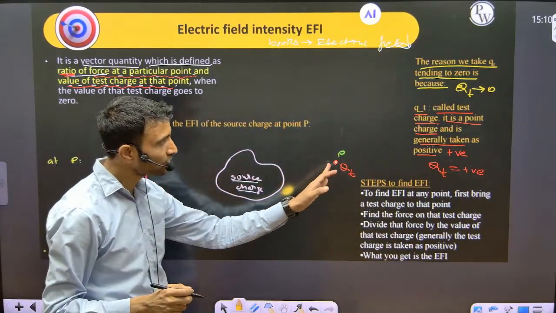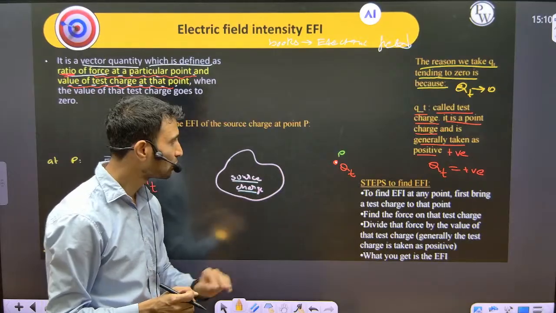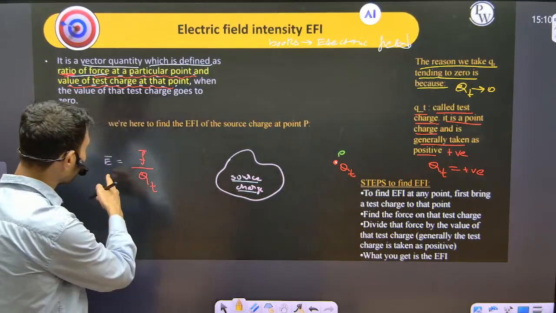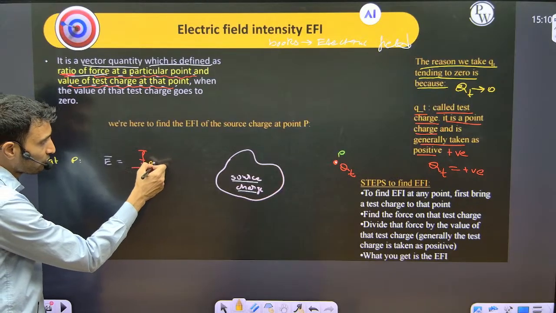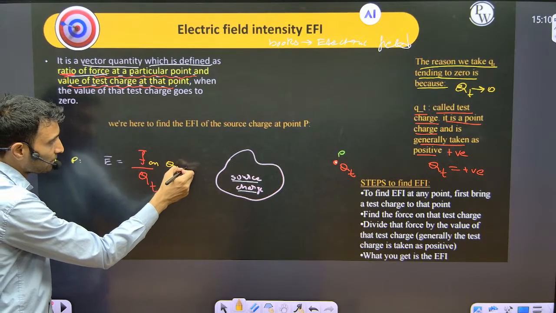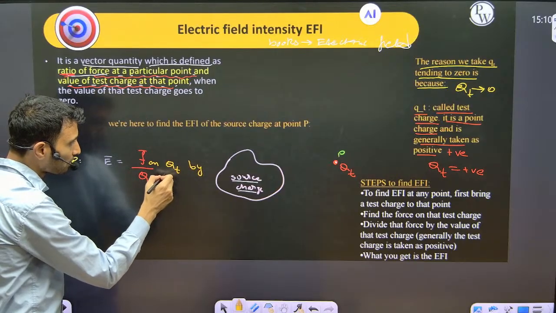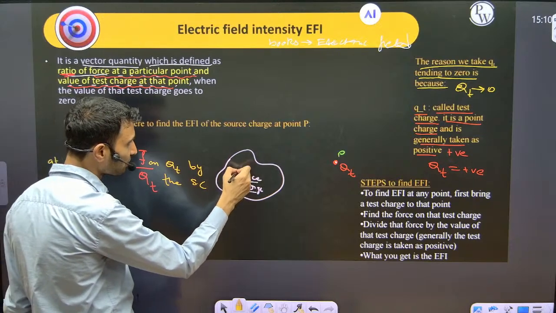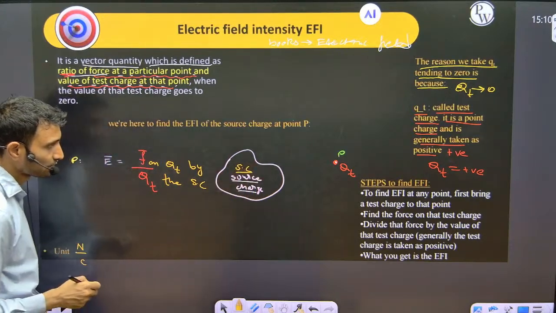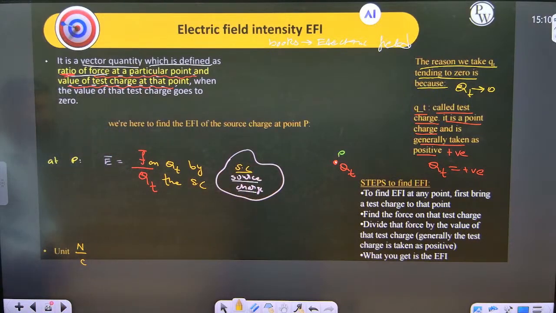See, why did we bring QT here in the first place? To measure electric field, right? Electric field is F divided by QT. What is F here? F is the force on QT, by whom? By the SC. SC means source charge, right?